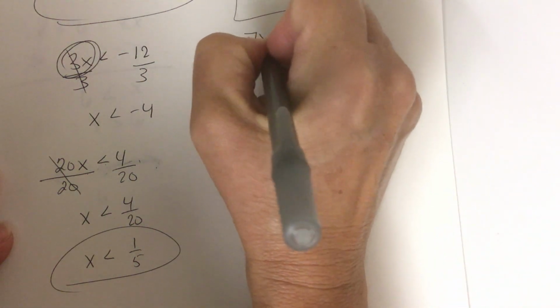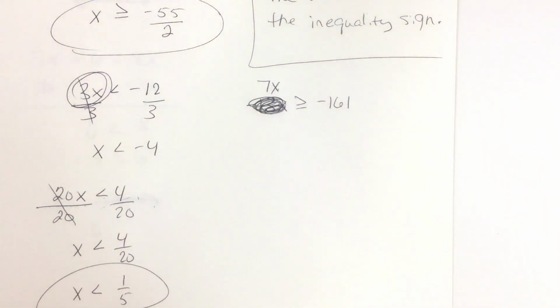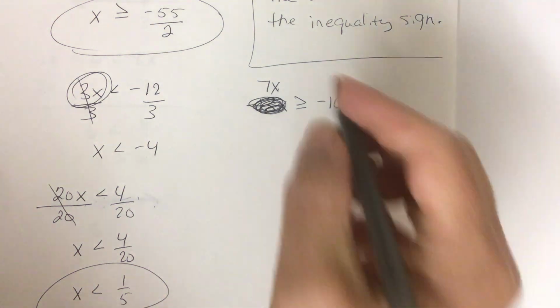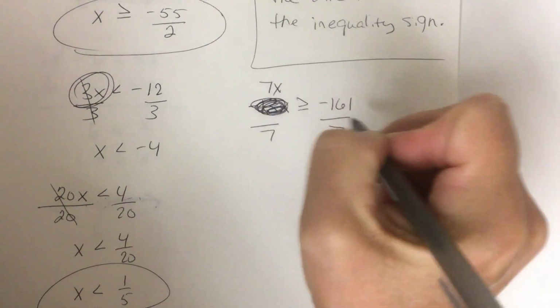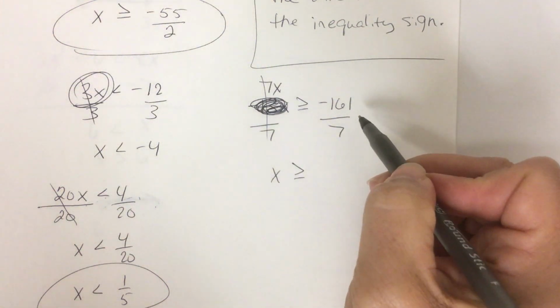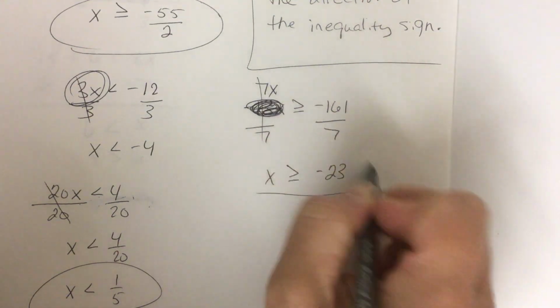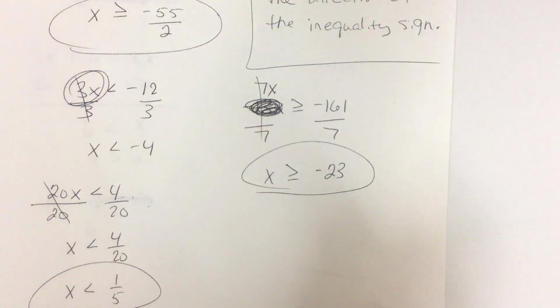I put 2 problems together. Okay, 7x is less than or equal to 161. So we're going to divide both sides by 7. So divide by 7, divide by 7. x is greater than or equal to -161 divided by 7, which is -23. So that's my answer there.